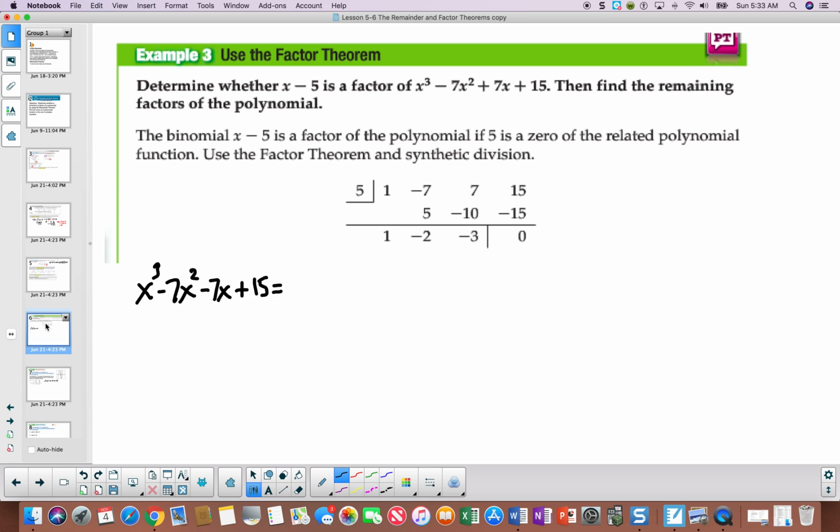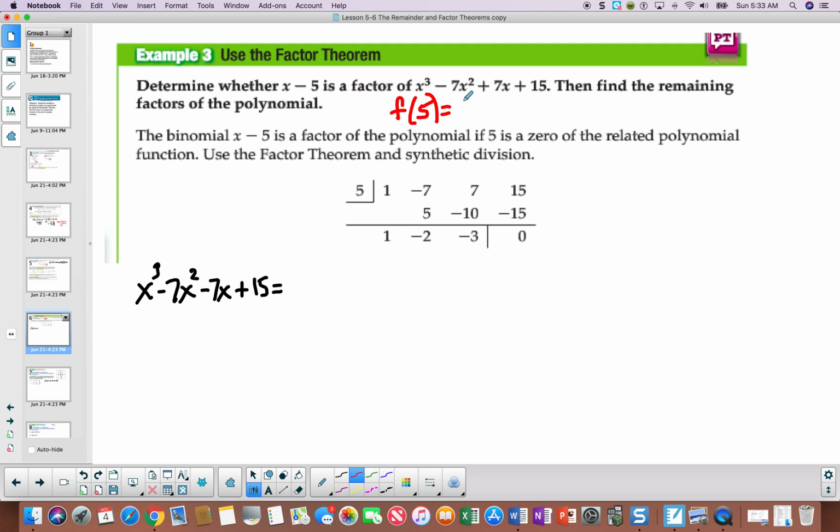All right, let's take a look and determine whether x minus 5 is a factor. Now, the first thing you ought to do, before you do synthetic division, is figure out what f of 5 is.